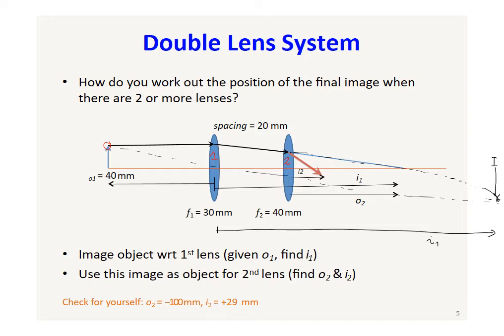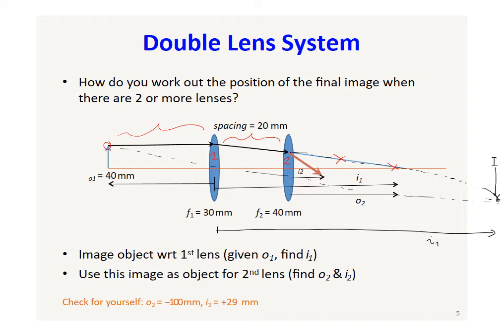Now, clearly the rays that we've traced on the left of the lens are real and physical, and the ones in between the lenses are real and physical. But as soon as we pop in lens number 2, then these rays no longer exist. So what's going on? What we're going to do is treat this image as an object.